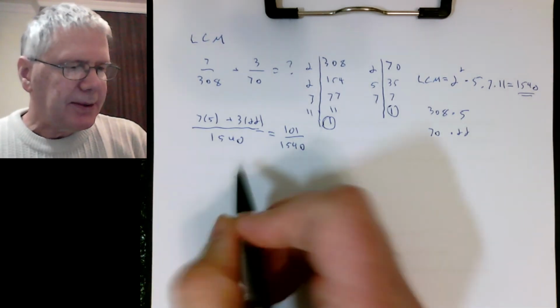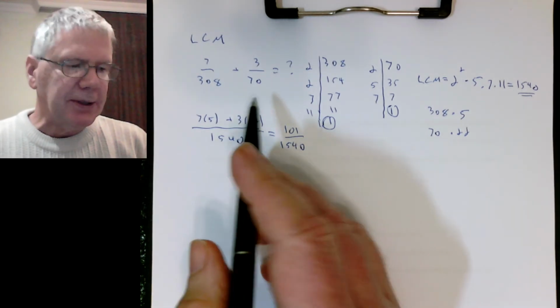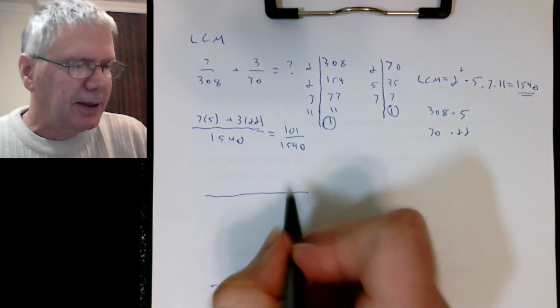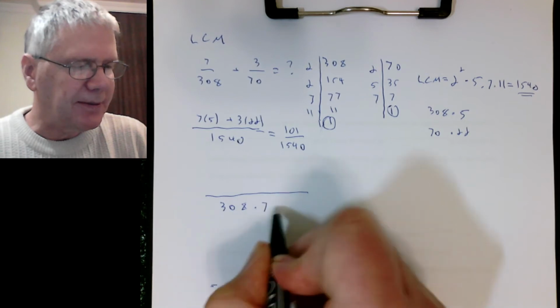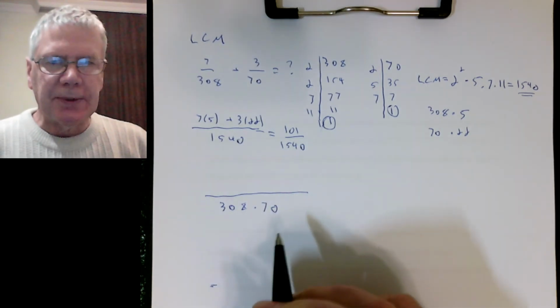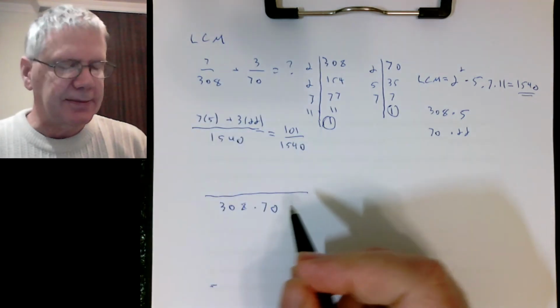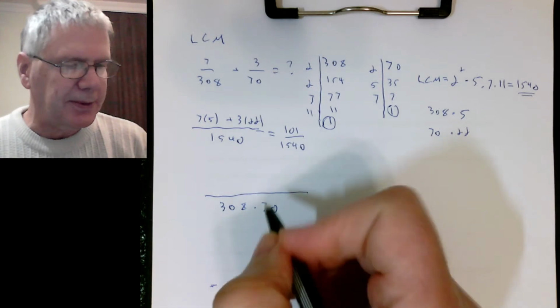So let's say we didn't do that properly and we did what people do, especially with smaller numbers. Let's say we just took a common denominator to be 308 times 70. A lot of times people don't find the prime factors and they just multiply these two, and that is a common denominator. It's not the best one, but it'll work.